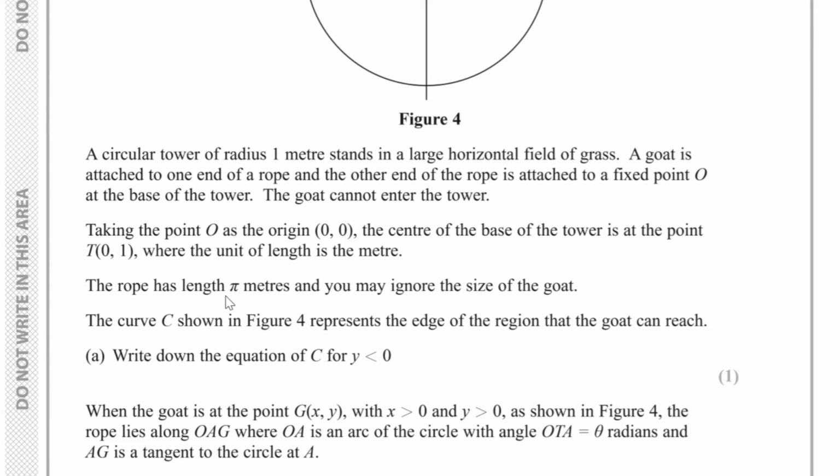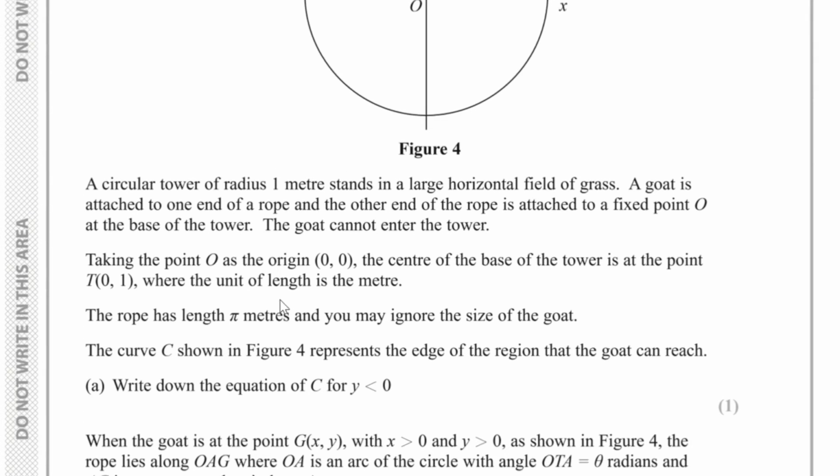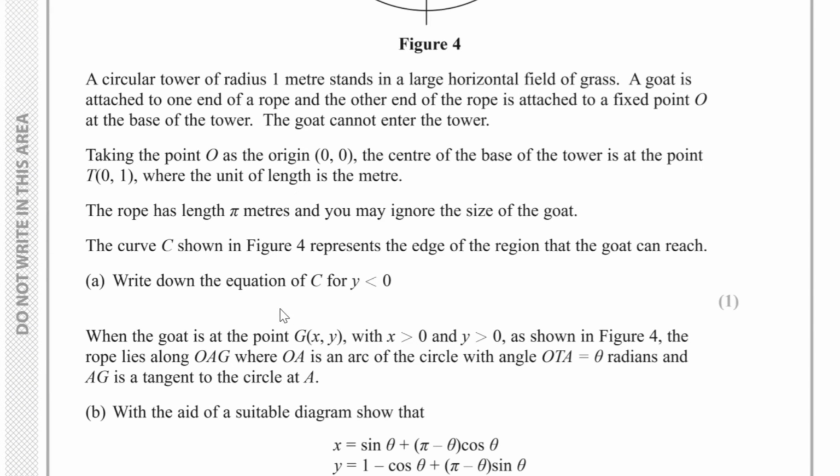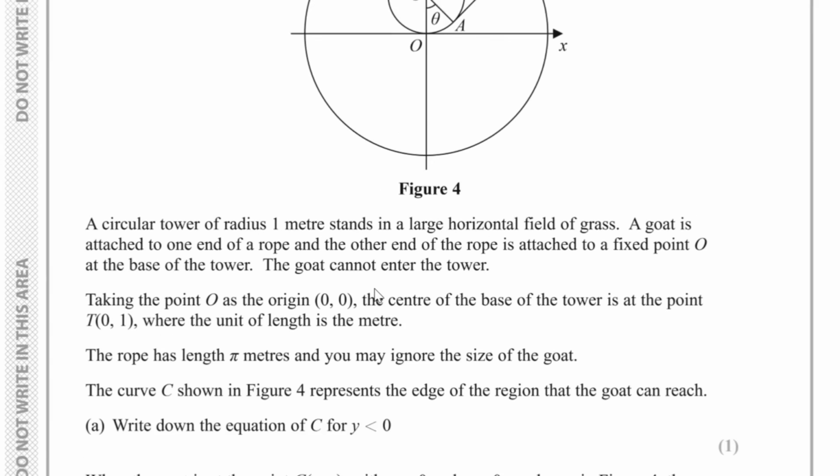The rope has length pi meters, and you may ignore the size of the goat. The curve C shown in figure 4 represents the edge of the region that the goat can reach. For part A, we have to write down the equation for C for y being less than 0.